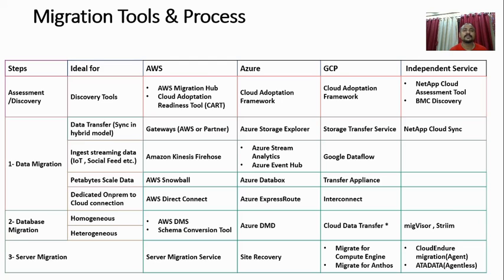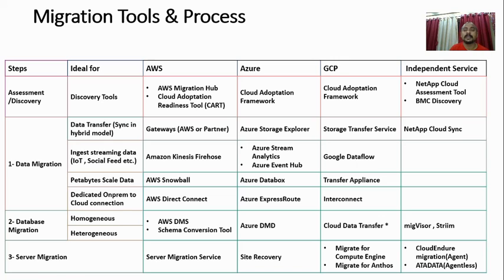That kind of synchronous or asynchronous data transfer from your on premises to cloud happens through the service called storage gateway, which we call AWS Storage Gateway. The similar service Azure has is called Azure Storage Explorer, and Google Cloud has Storage Transfer Service. The same service in Azure and GCP is not as robust as in AWS.